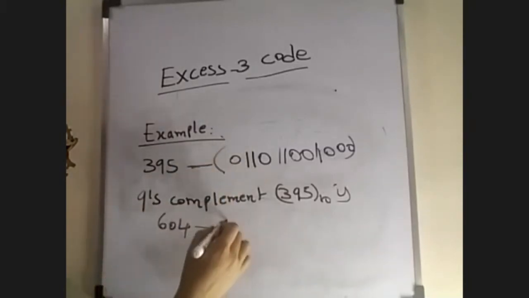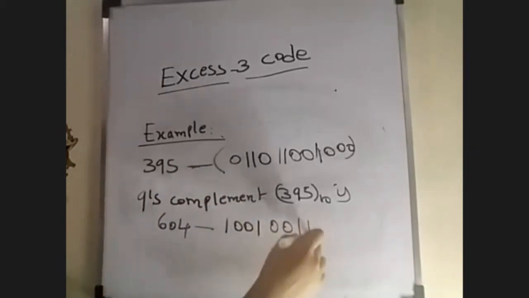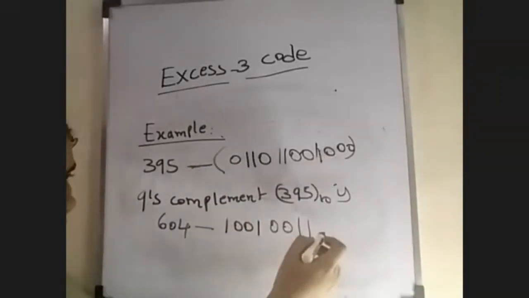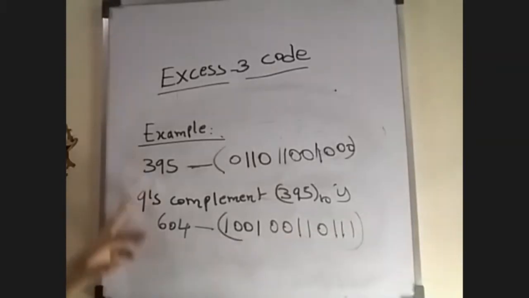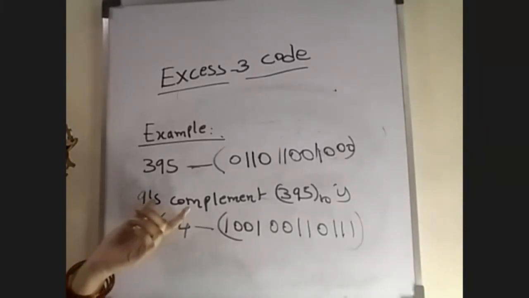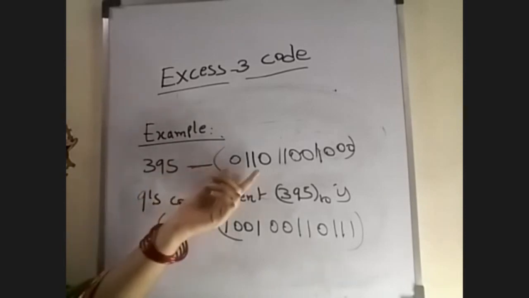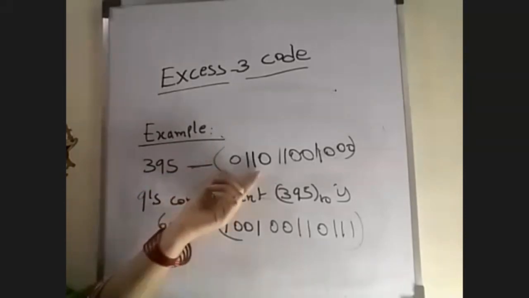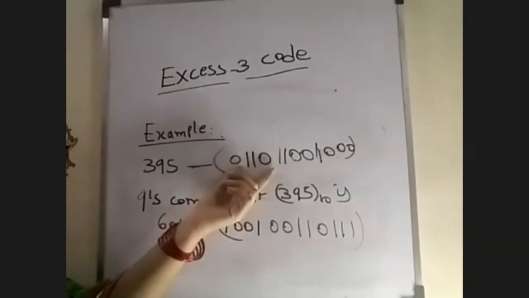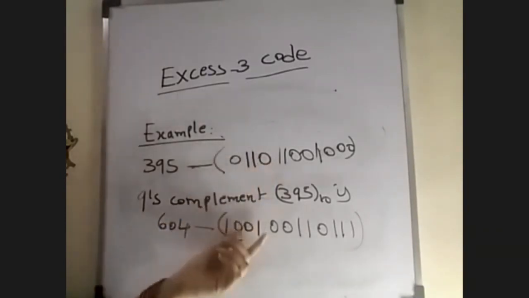Next, 1001, then 0011, then 0111. So this is the self-complementing code. The 9th complement is obtained from this decimal number by interchanging the bits of the XS3 code value of 395, changing ones to zeros and zeros to ones.